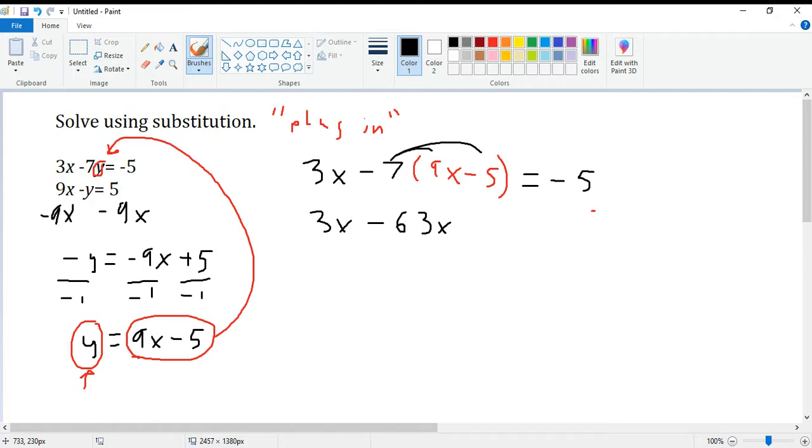Don't forget that a -7 times a -5 is a positive 35. Combine like terms, 3x minus 63x equals -60x.